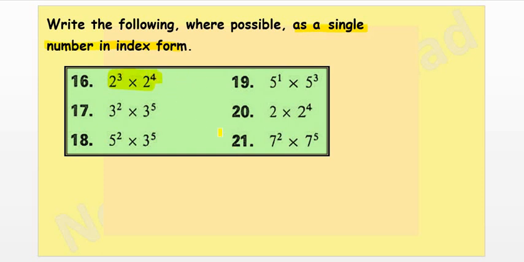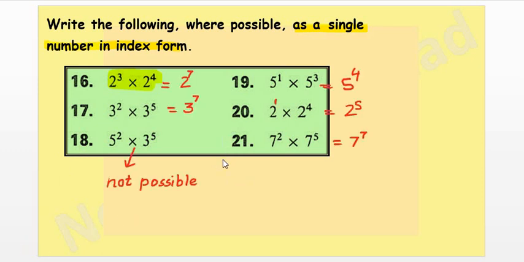Now get the answers of all these questions, then play the video to check your answers. As you can see here, only question number 18 is different from the other questions, because here the bases are not the same, so it's not possible to write it as a single number in the index form. That's why I wrote not possible over here.